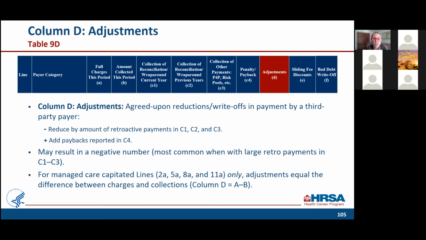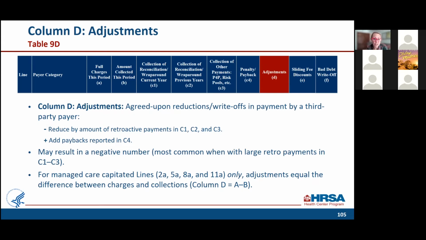Initial adjustments are reduced by the retroactive payments you reported in columns C1 through C3, so your wraparound payments and incentive payments. And then any paybacks that you report in C4 are added to adjustments. Your adjustments may be a negative number, and if it is, type it into the EHB with a negative sign, not parentheses.